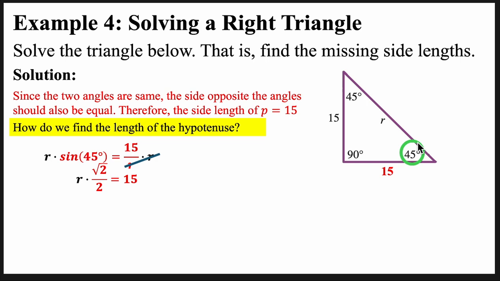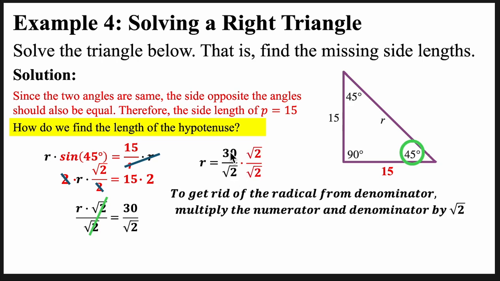So now to solve for r, we can just multiply both sides by 2 to eliminate this 2 from this side. So we have r times root 2 equals 30. Divide both sides by the square root of 2. The square root of 2 here cancels. So we get r equals 30 over root 2. Now, to get rid of this radical from the denominator, multiply top and bottom by the square root of 2.